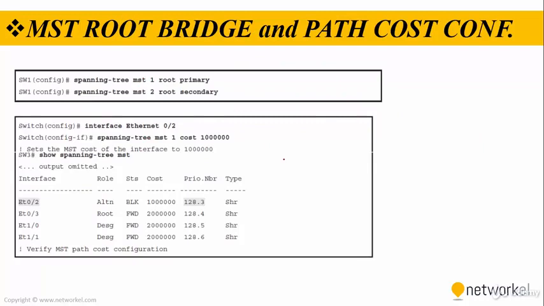Let's take a look at the MST root bridge and path cost configuration right now. To change the root bridge, we can use spanning-tree mst 1 root primary, and if we want to define a secondary root, we need to use spanning-tree mst, the instance number, and root secondary. And if we want to change the cost on a port, we need to use spanning-tree mst, the instance number, cost, and the cost value.